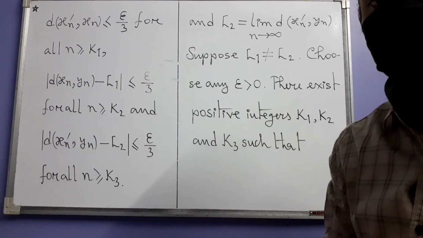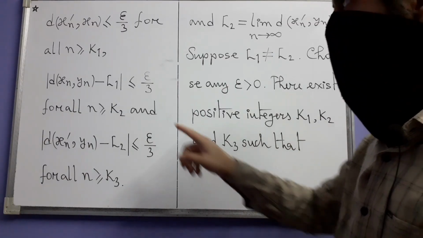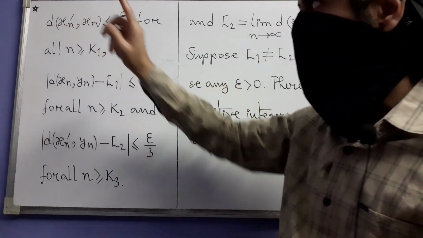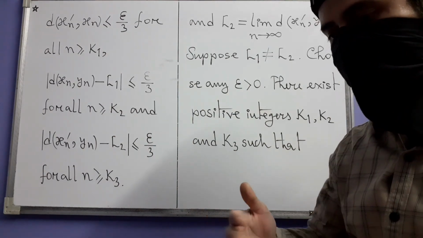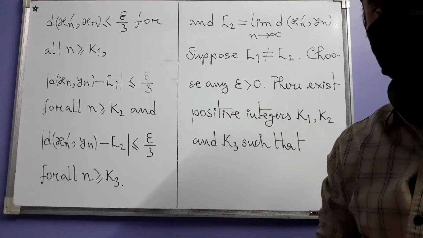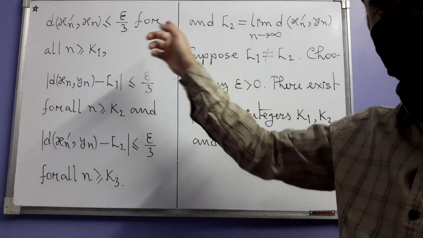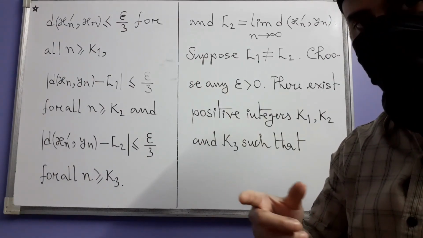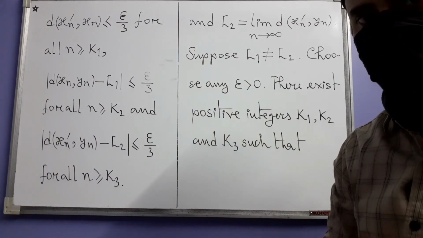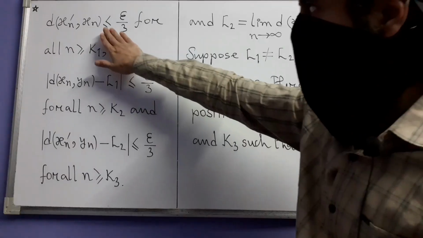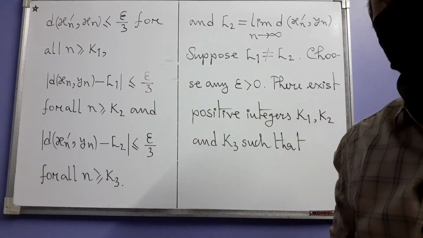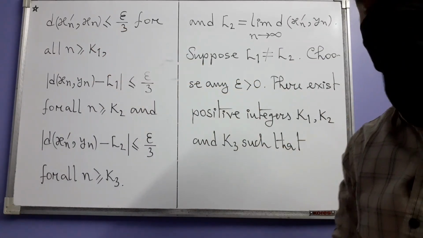Why should such a k1 exist? That is because the Cauchy sequences xn and xn prime have the same formal limit. And that means you go back to part A and see the definition of equality of formal limits. The sequences are related like this. That's why we have such a k1.